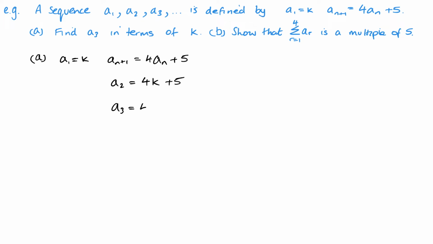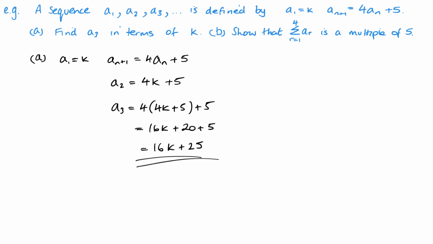To find my third term is 4 lots of my second term plus 5. So we get 16k plus 20 plus 5, 16k plus 25. So there we have my third term.